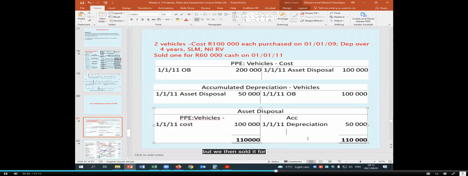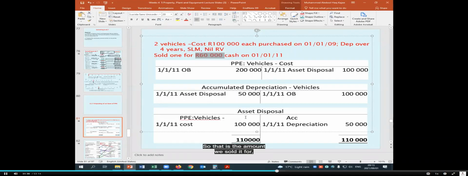Right. We then sold it for 60,000 Rand cash. Okay. So that is the amount we sold it for. That's also known as your proceeds. You sold it for 60,000.